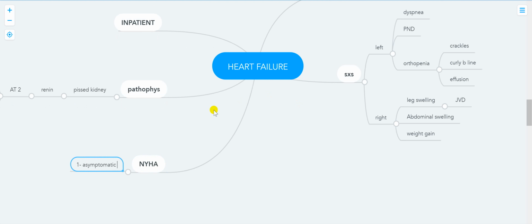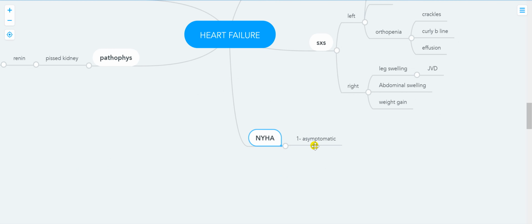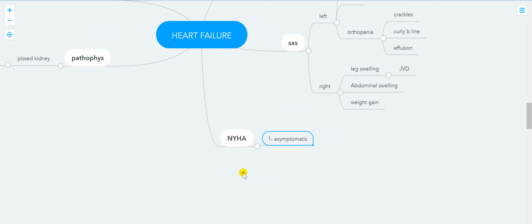How do you manage that? What do you give the patient if they're asymptomatic? We give a beta blocker. Excellent. We start with a beta blocker. This is class 1.